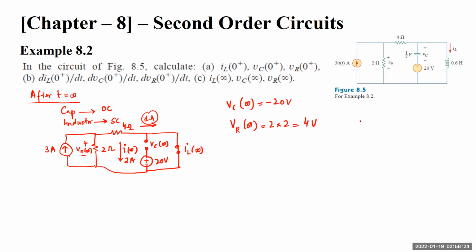So VR at infinity will be equivalent to 4 volts, and the inductor current IL at infinity will be equal to the current flowing through this branch, which is 1 ampere. So these are the three values for part C: IL infinity, VC infinity, VR infinity.